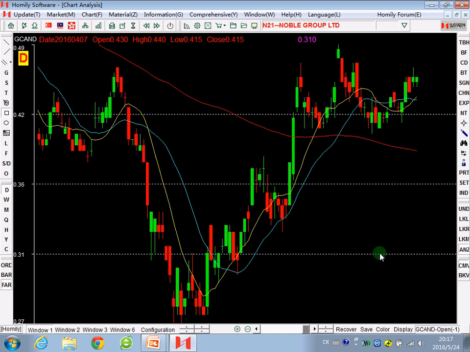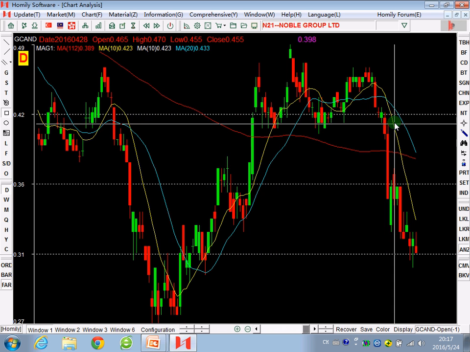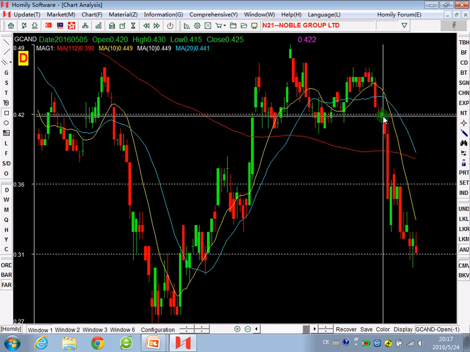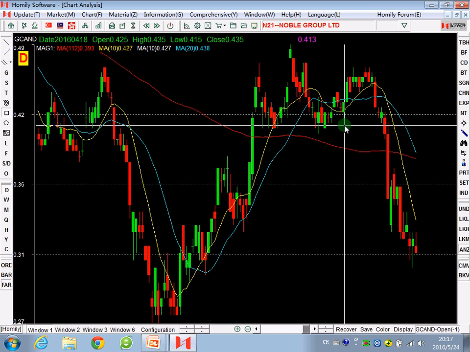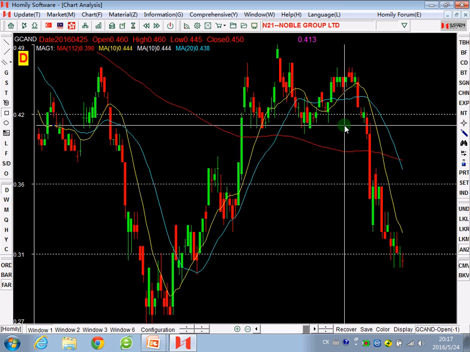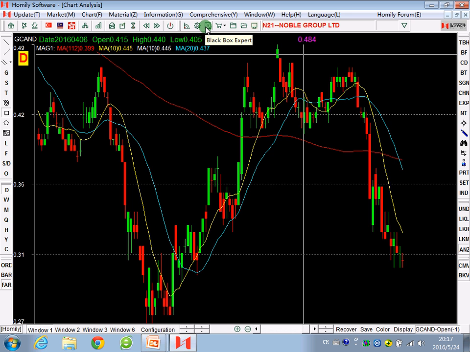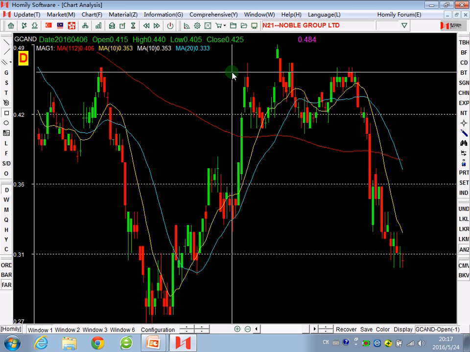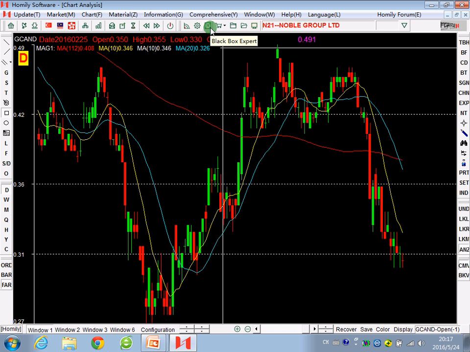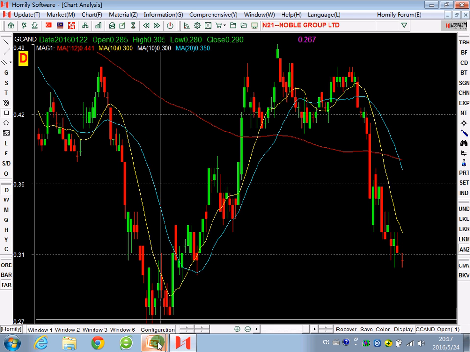But if you see the price drop down again, sell quickly, okay? You also can use moving average to judge the resistance and support. Okay. So if you want to know how to find the good parameter, you can use black box expert to choose the suitable parameter for individual stock. Okay. So this one is simple. Then we can see the next one.